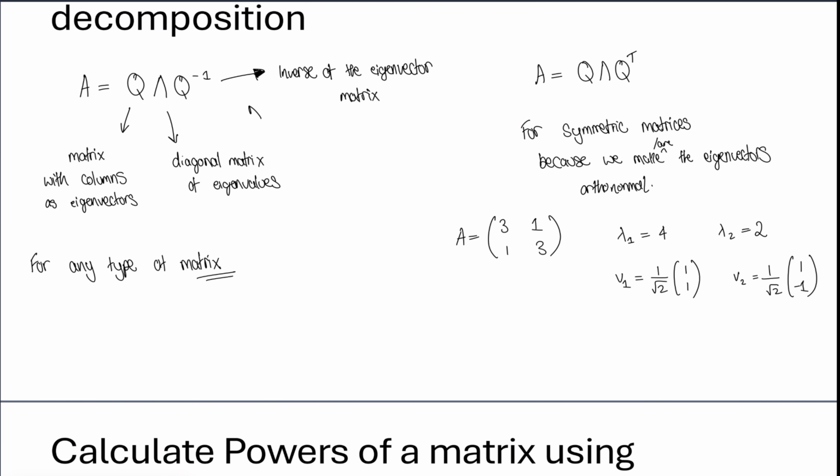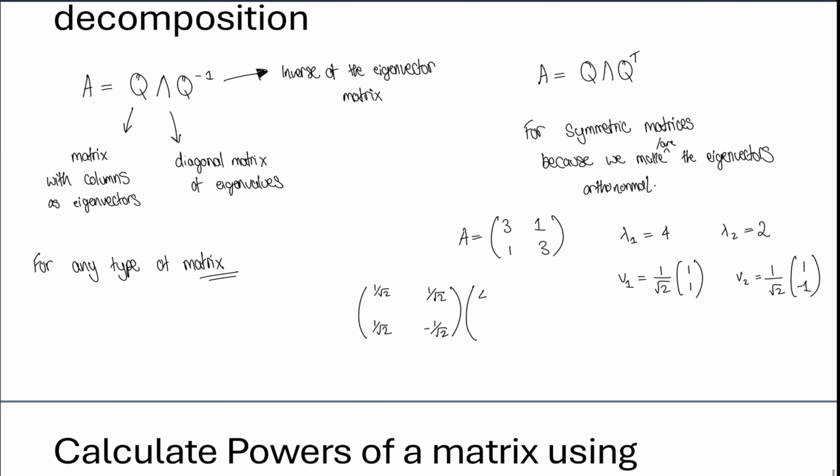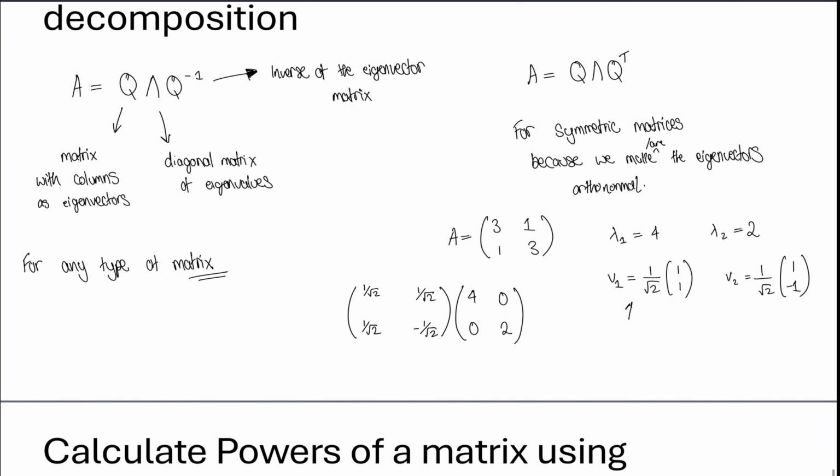If we used this approach, because that is for any type of matrix, we would have 1 over root 2, 1 over root 2, 1 over root 2, minus 1 over root 2, then 4, 0, 0, 2. It's important that I put the 4 first because I use this eigenvector first.